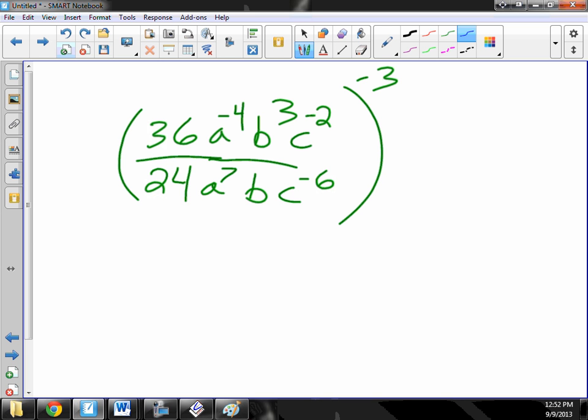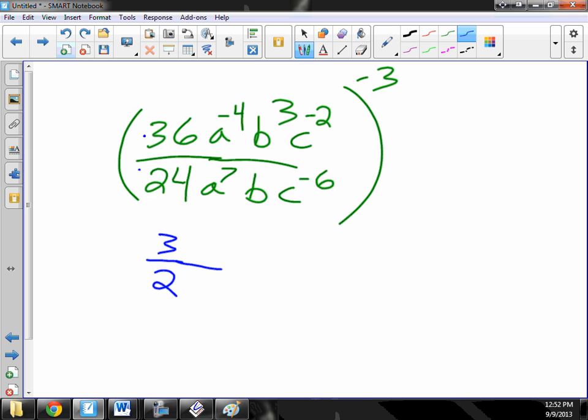Okay? And there are a couple different ways to deal with this. Let's simplify the inside. What is a common factor between 36 and 24? 6 goes into both of them. Anything bigger? 12 goes into both of them. Let's divide them by 12. 3 halves.